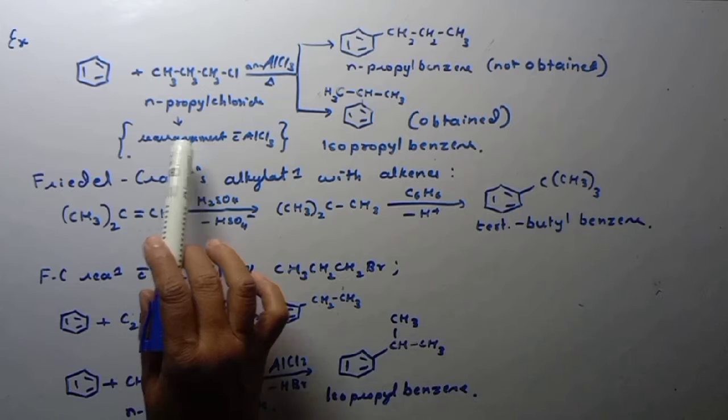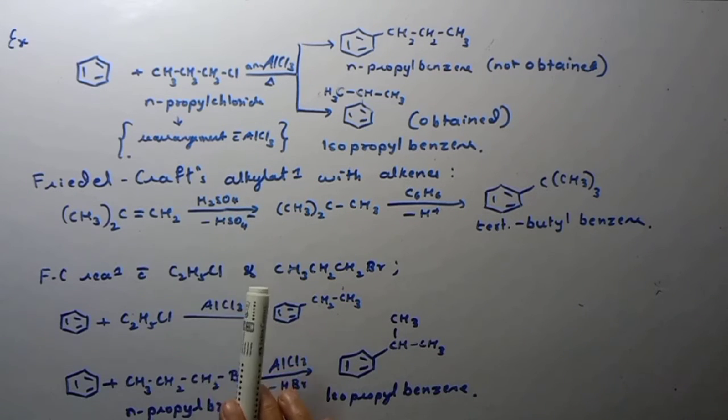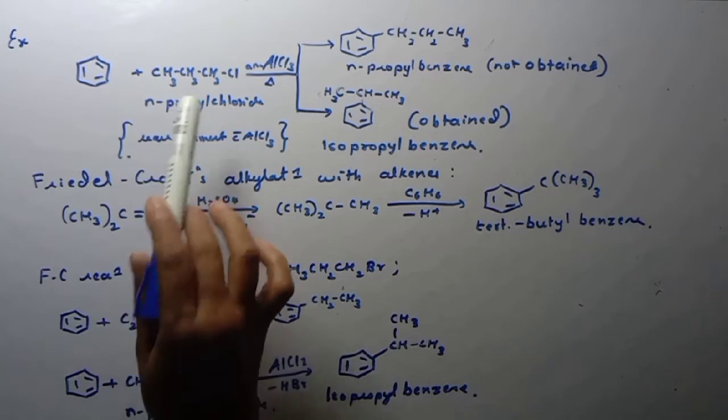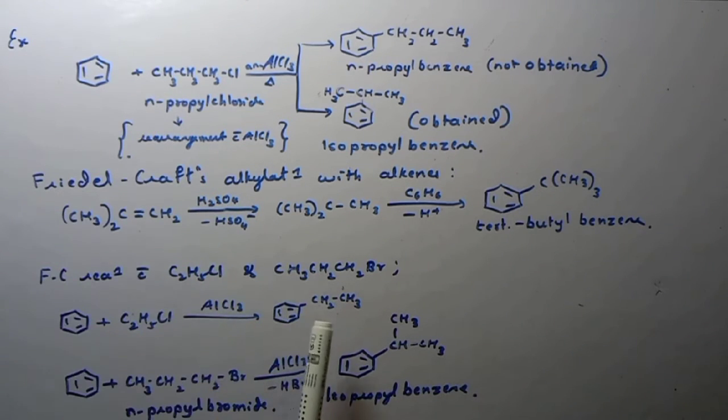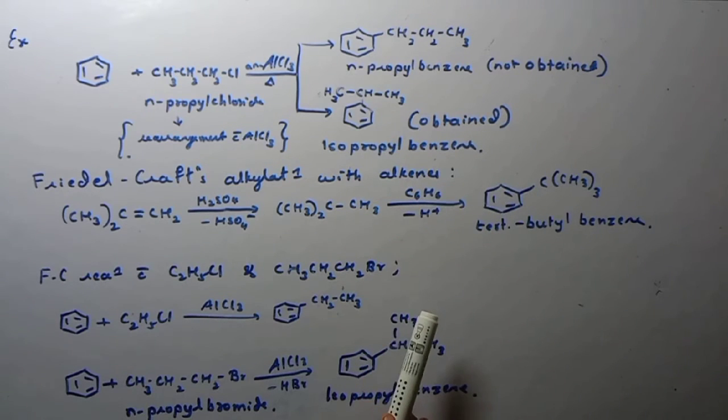So during the reaction with the catalyst, it undergoes skeletal rearrangement or molecular rearrangement to give the isopropyl carbocation, which acts as an electrophile and attacks the benzene, giving the product isopropyl benzene but not n-propyl benzene.